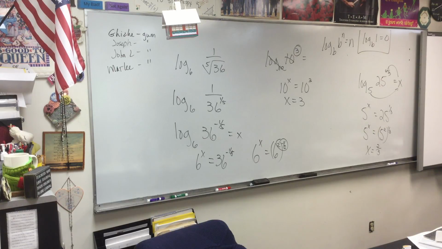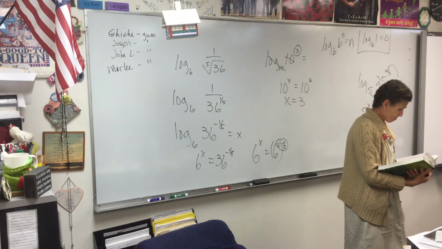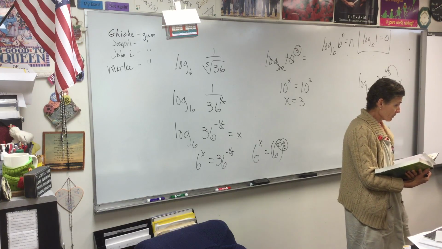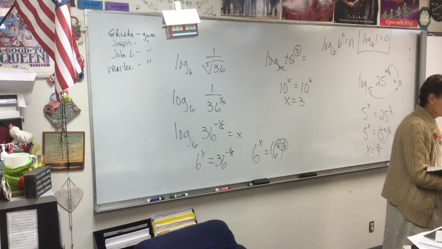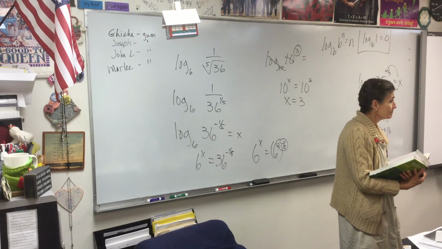It's log base 10 of 10 to the 5th. So it would just be 5. How about number 10? Negative 4. Remember, it's the log base 10 of 10 to the negative 4th. That's just negative 4.